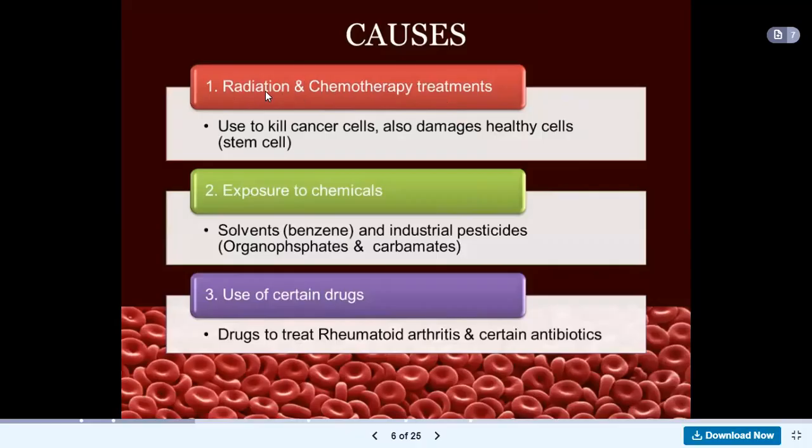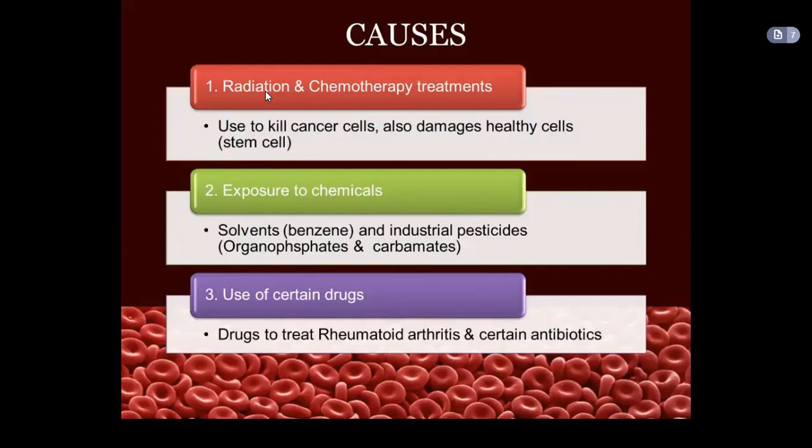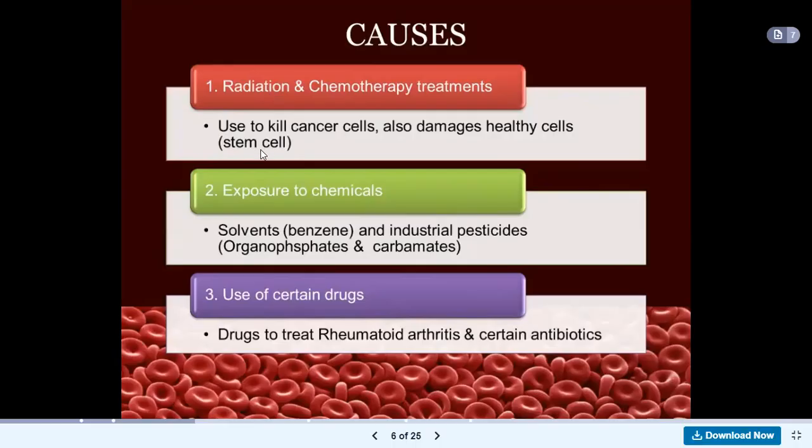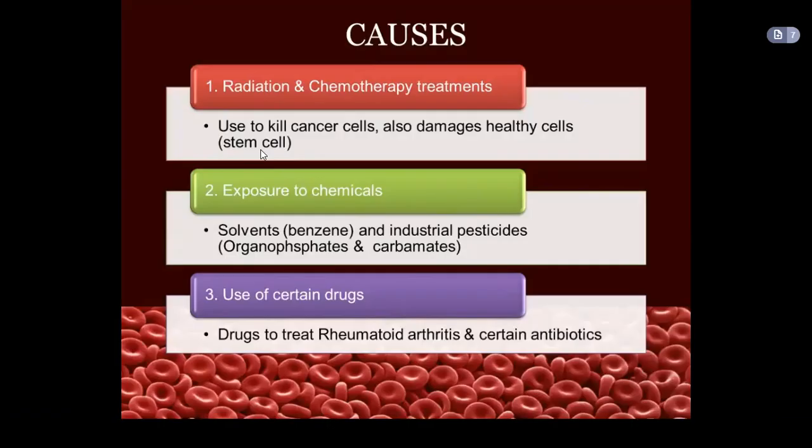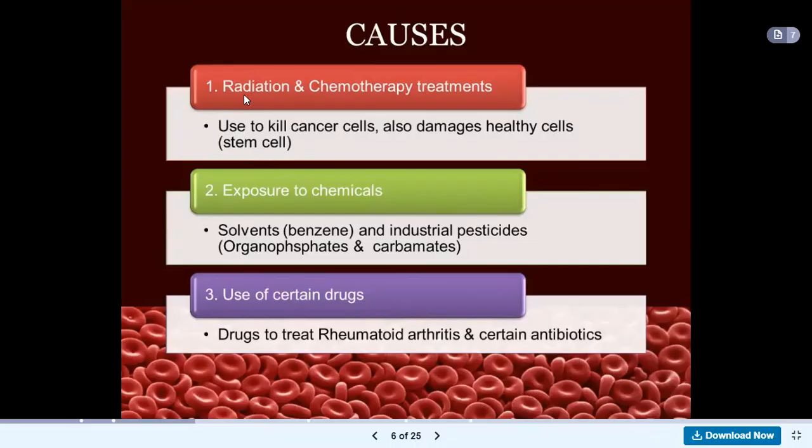The radiation inhibits or destroys red bone marrow cells. Remember the stem cells, pluripotent stem cells and progenitor cells, they are destroyed by radiation and chemotherapy.